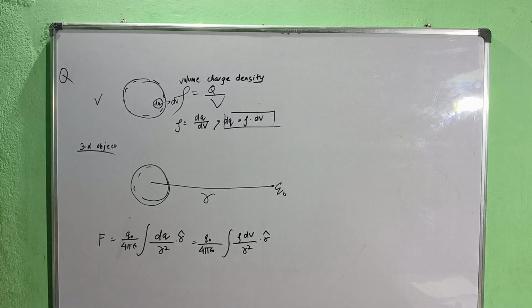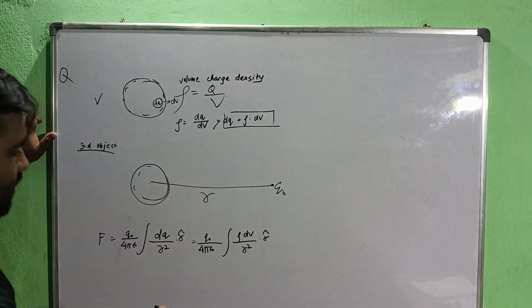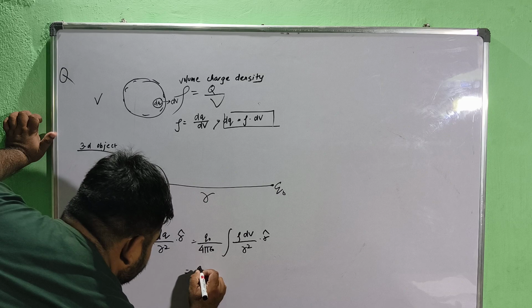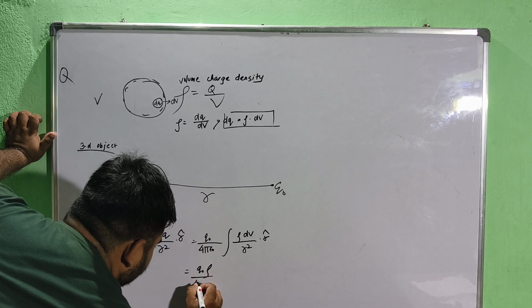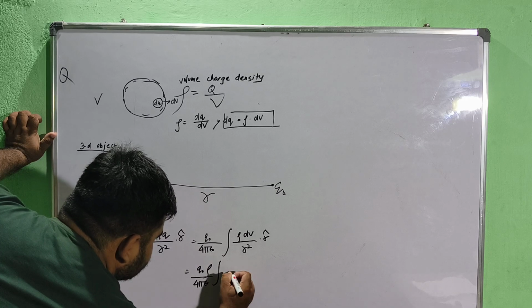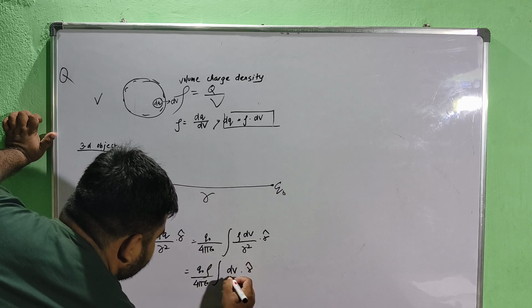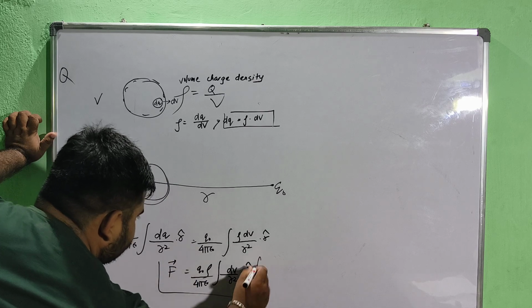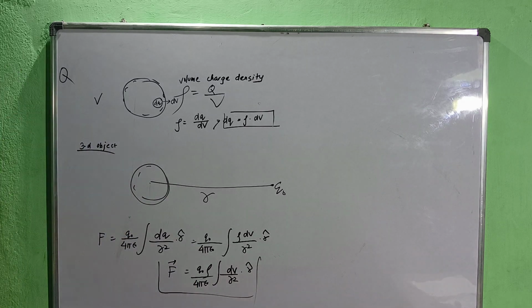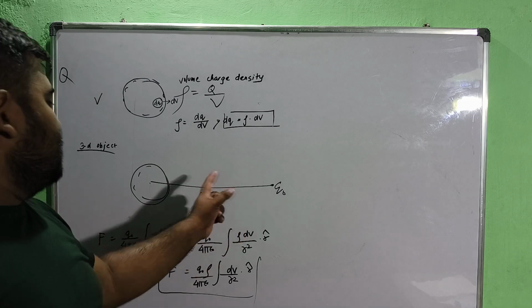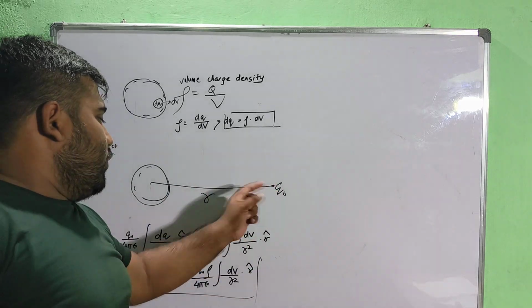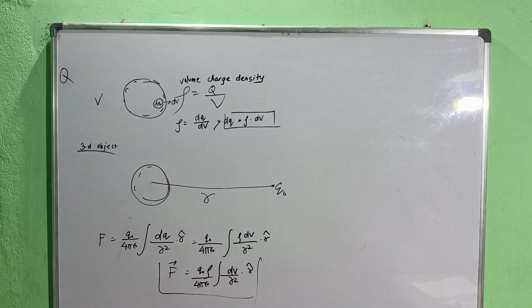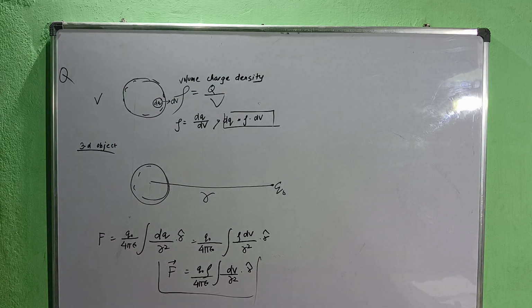For writing purposes, just take it out: q naught rho by 4 pi epsilon naught, integration over dV r cap divided by r squared. This is the value of electric force exerted on this point charge. So we got the volume charge density.